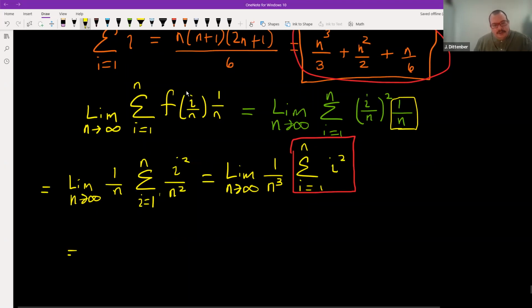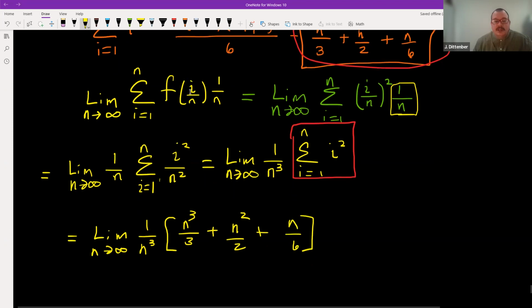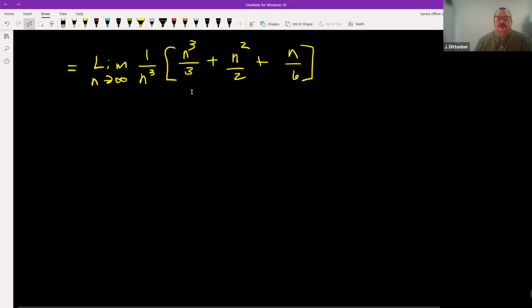So this is going to be the limit as n goes to infinity of 1 over n cubed, multiplied by n cubed over 3 plus n squared over 2 plus n divided by 6. Okay, now we're ready to take the limit, and you can see there's going to be some things that cancel out.